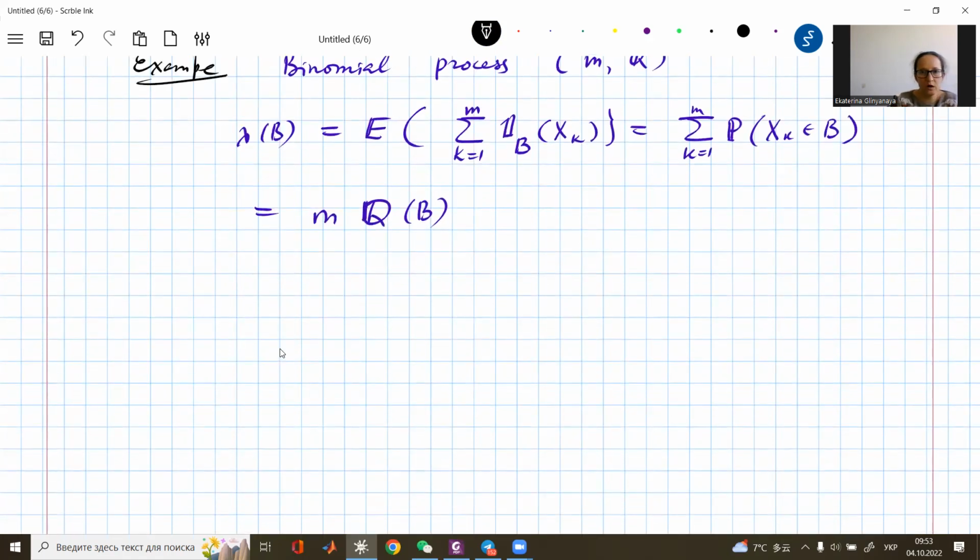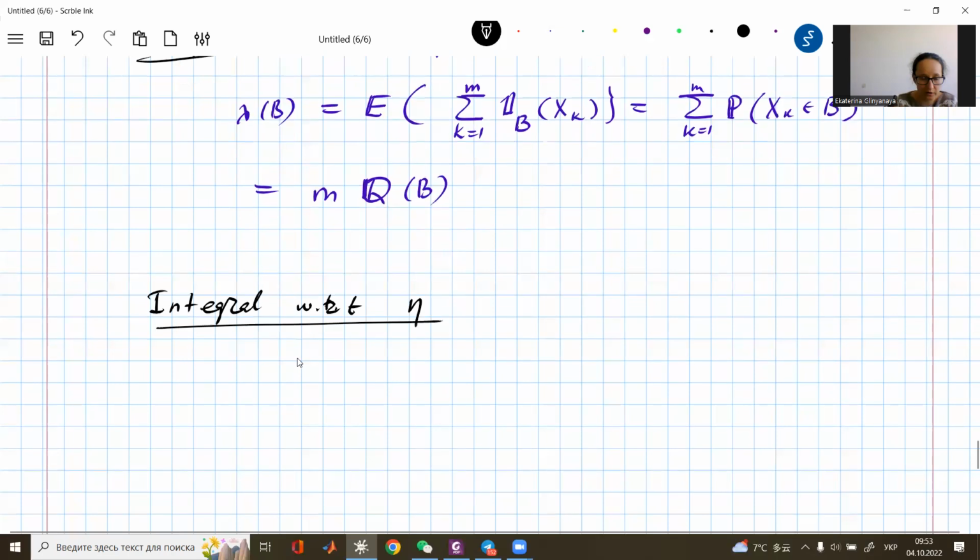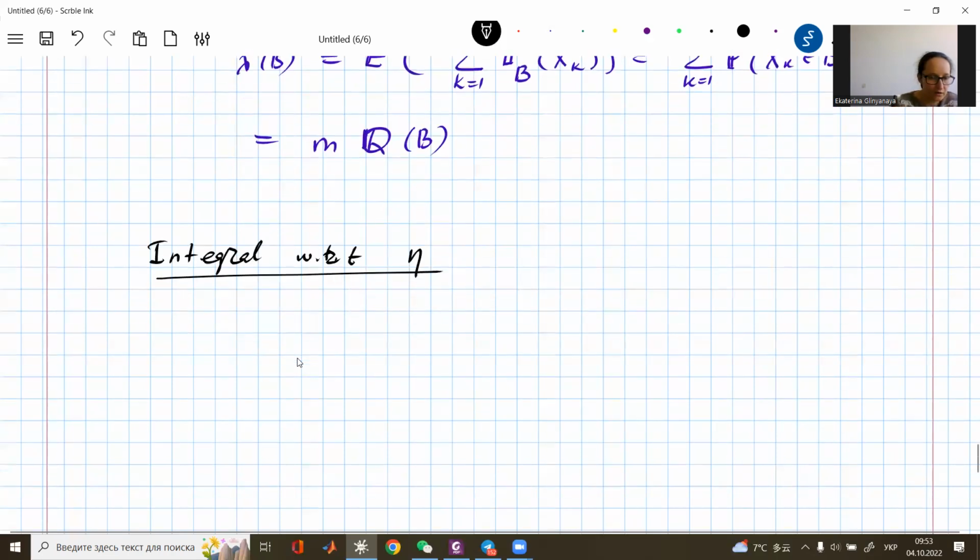At first, if I have a random measure, of course, we can consider the integral with respect to this random measure. So we can consider it with respect to any measure.